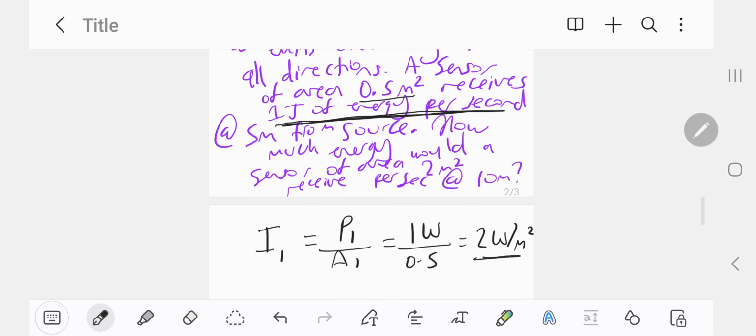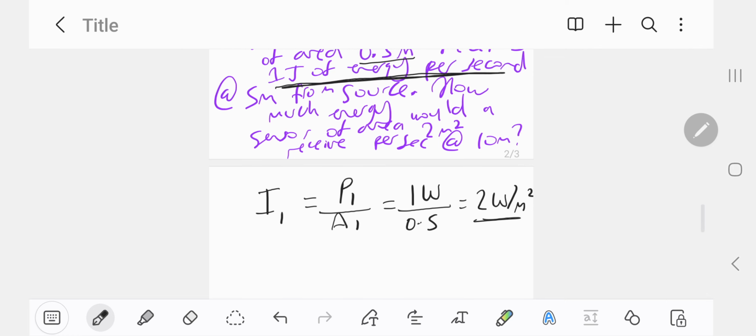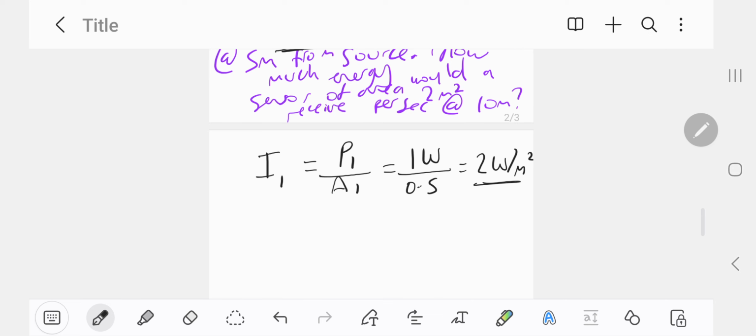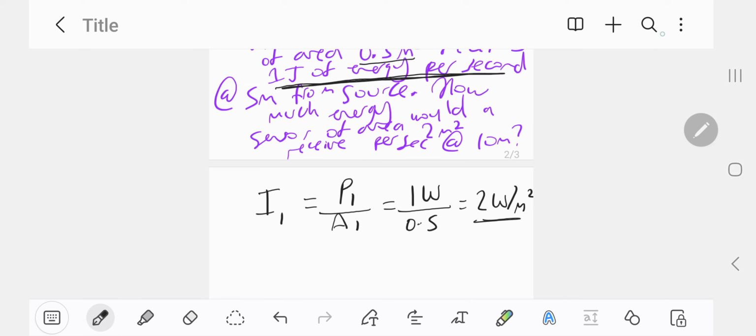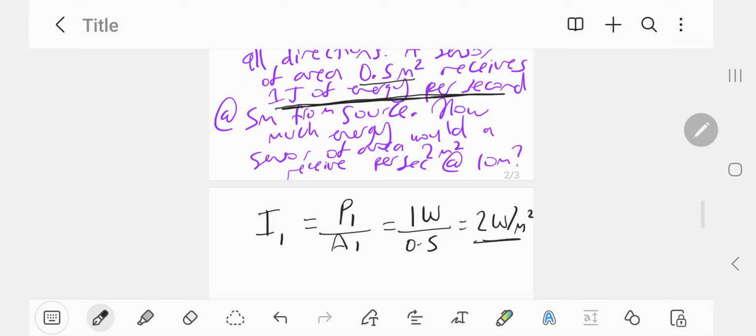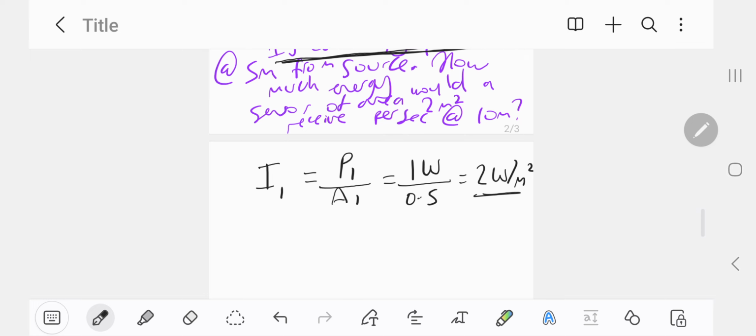Now we can use the inverse square law, because we're given the intensity at the first sensor and the distance to the first sensor squared, and we're given the distance to the second sensor. So let's now use I sub 1 R sub 1 squared is equal to I sub 2 R sub 2 squared.